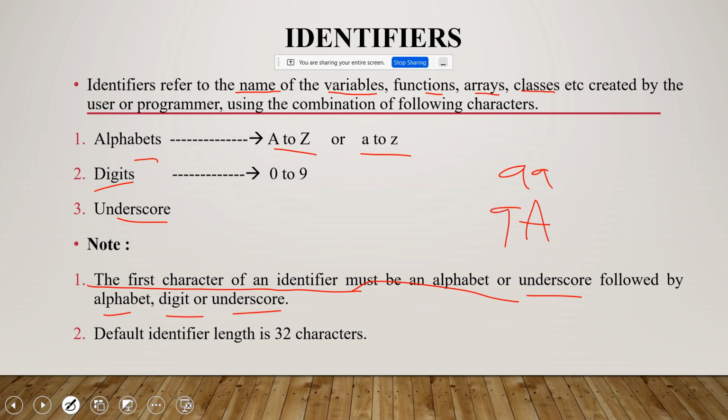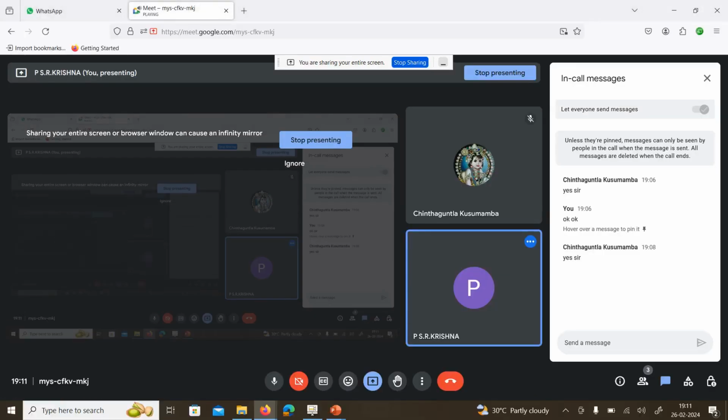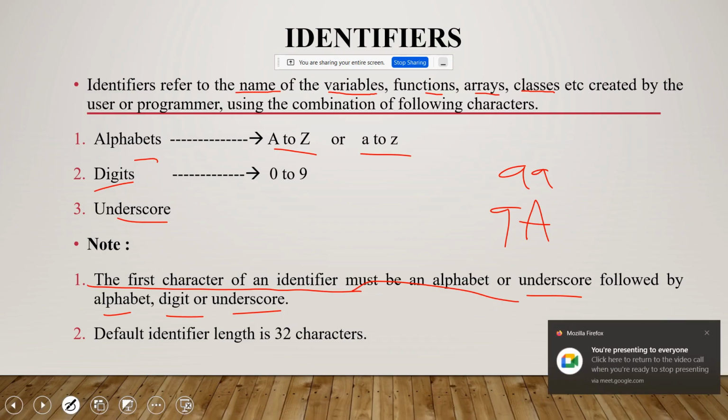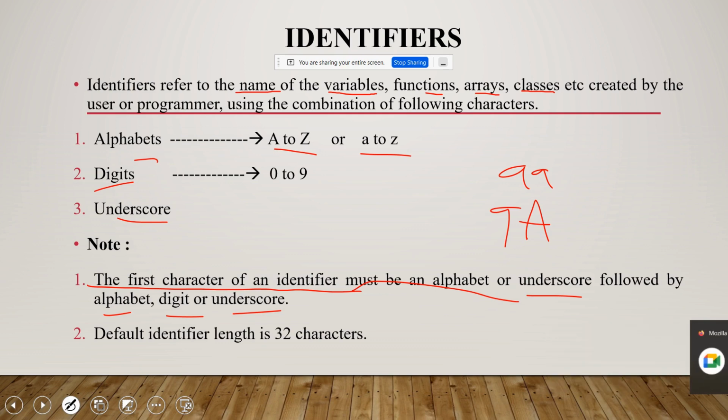Is it a valid identifier? No, it is not a valid identifier because the first character must be an alphabet. So it is not a valid identifier name.